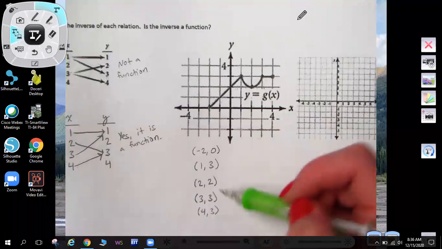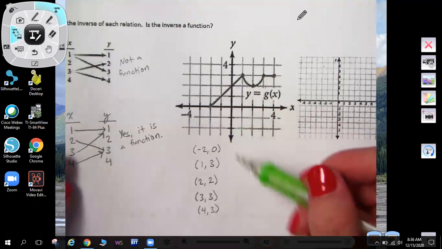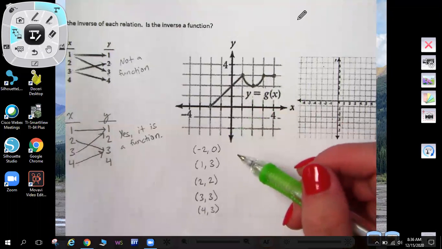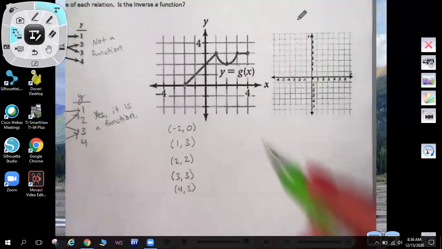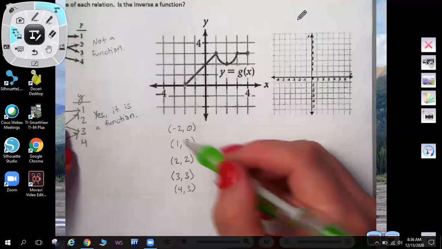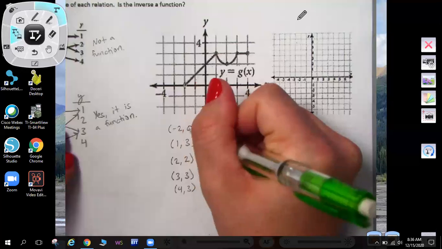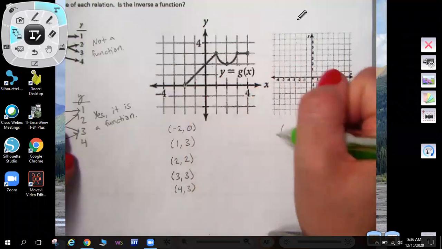So I just made a list of some different points that are on this graph. And since the inverse means that the X and Y switch, all we have to do is switch the order of these numbers for each ordered pair. So now in our inverse, we're going to have a point that is at 0, -2.